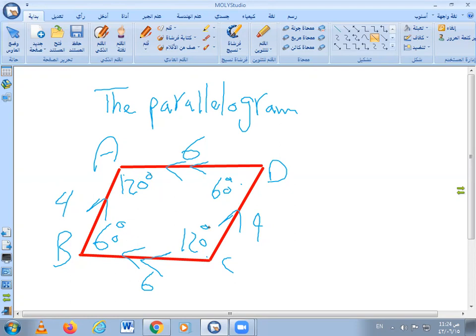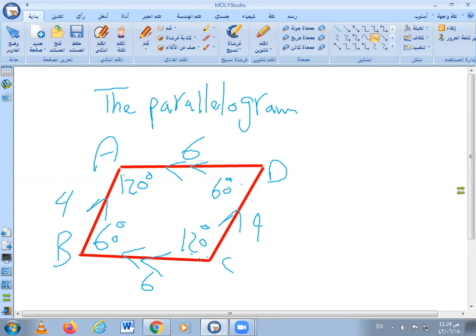Number three: each two consecutive angles have a sum of measures of 180 degrees. B and C are called consecutive, C and D are consecutive angles, D and A, and A and B. Each two of these angles are called two consecutive angles.